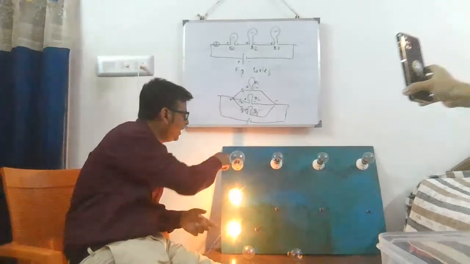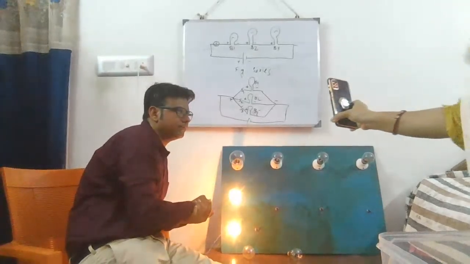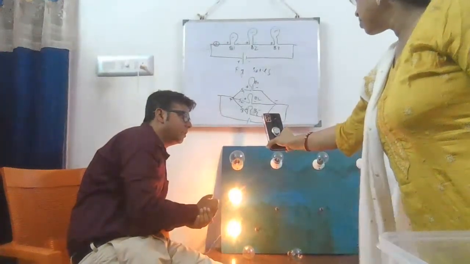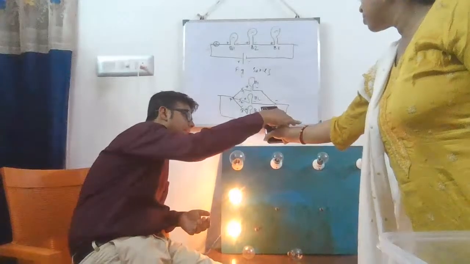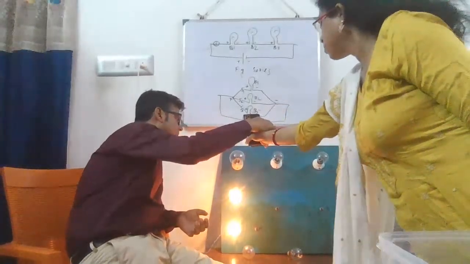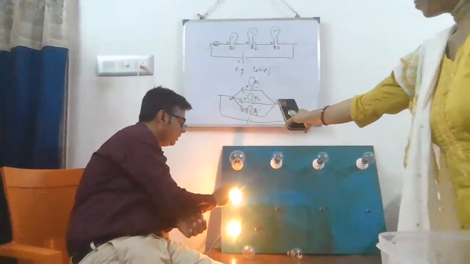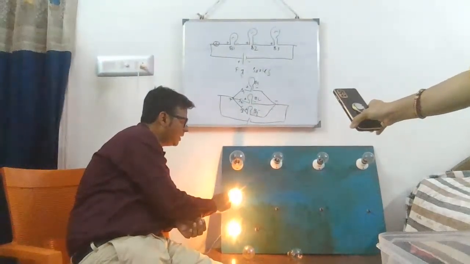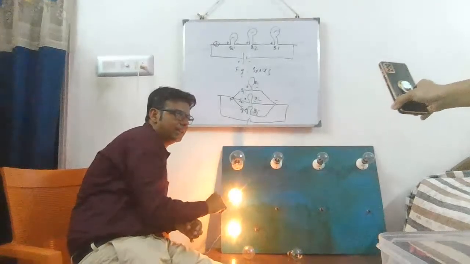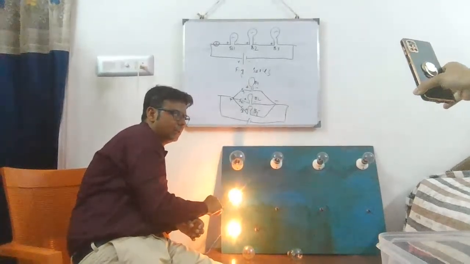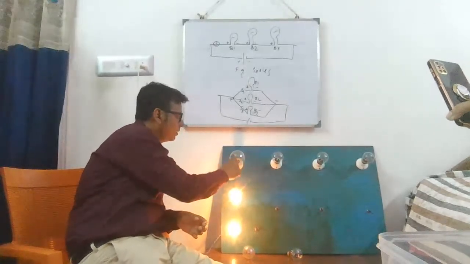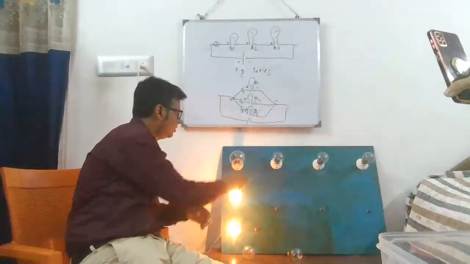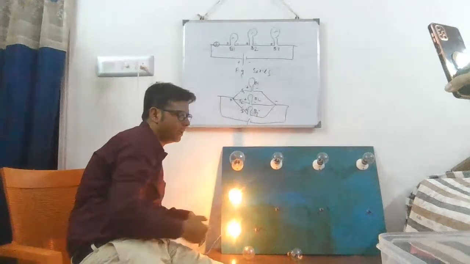So you see, just the filament is glowing. But the 100 watt bulb glows more than earlier. Now I am seeing that this bulb glows more if I use the 200 watt bulb.